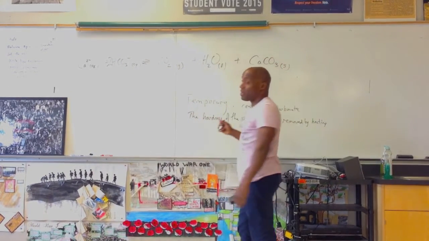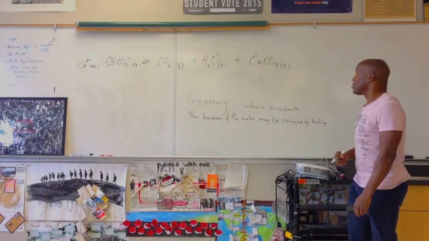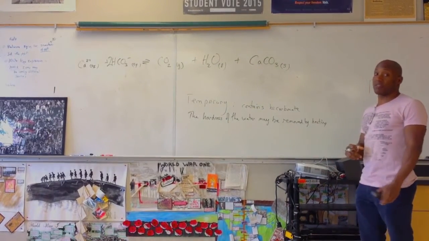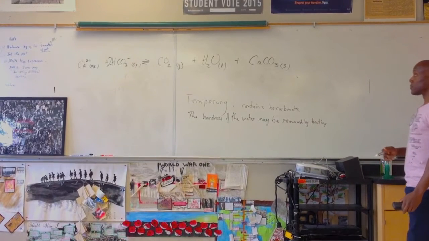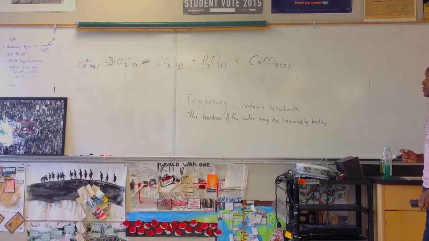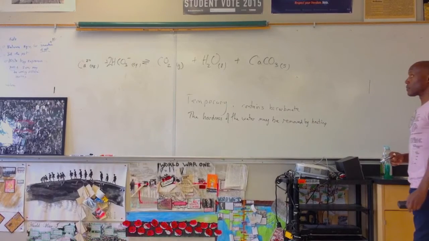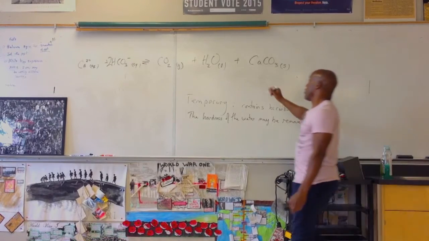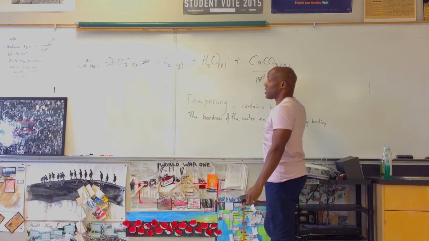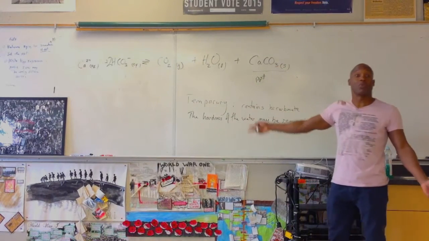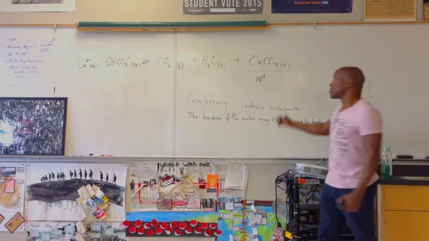And calcium carbonate is insoluble, so we get a precipitate of calcium carbonate. So what's happening? Well, if this is a precipitate, and the calcium is precipitating with the carbonate, we've essentially removed the hardness from the water.